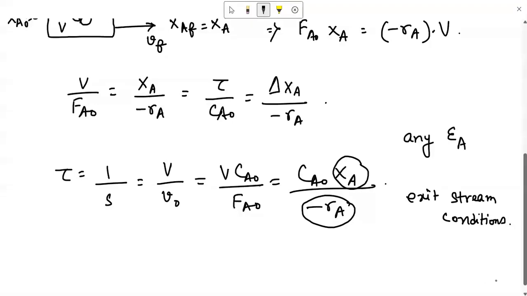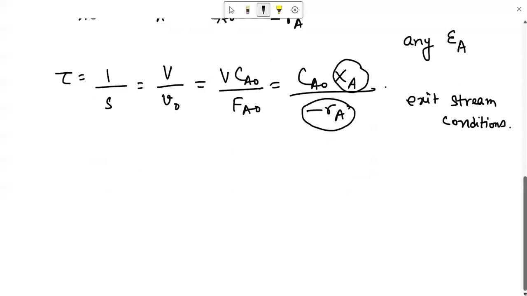Okay, now if you are talking about a general case where the feed is based on some conversion and it enters the reactor in a partially converted form and then leaves at some final converted form, then how would you write it?